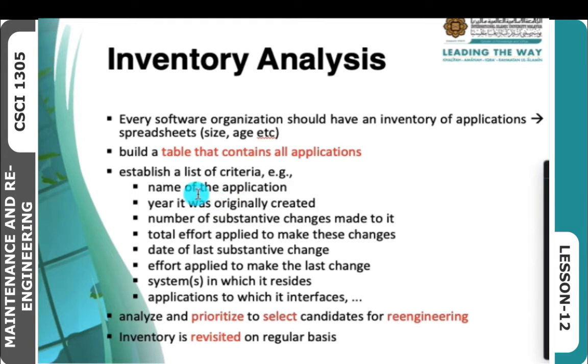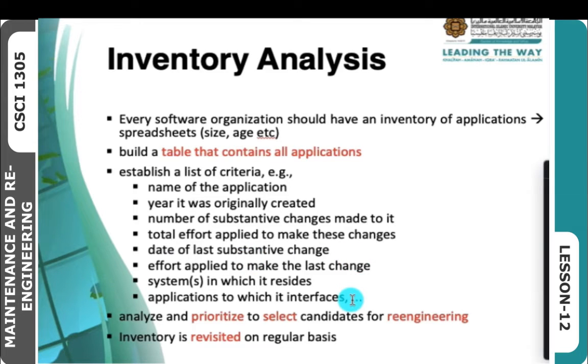It will state the name of the application, the year it was originally created, number of status changes, total effort applied, the date of the last substantive change, and so on.